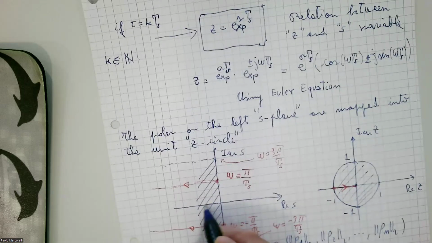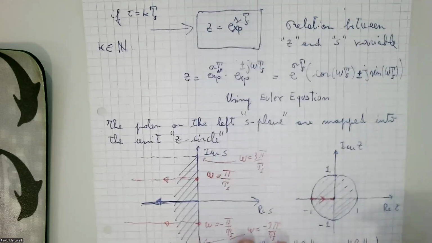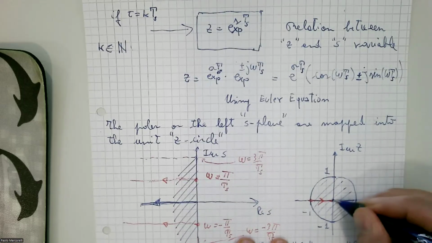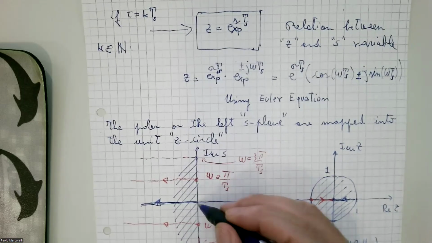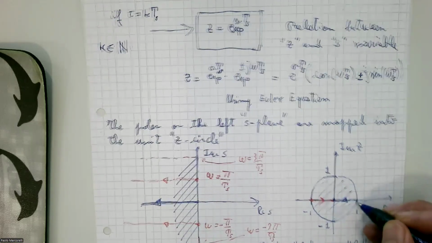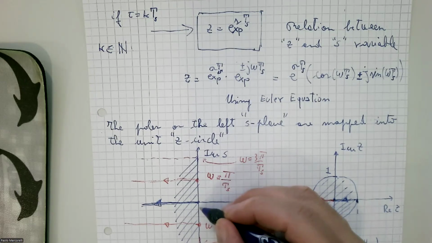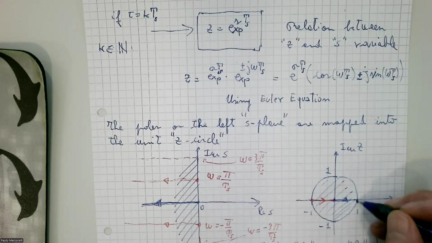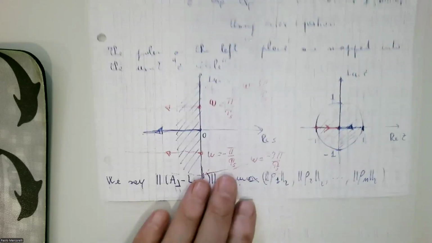No? This is mapped here. One is here. And then it's going to 0 if this is going to infinity.